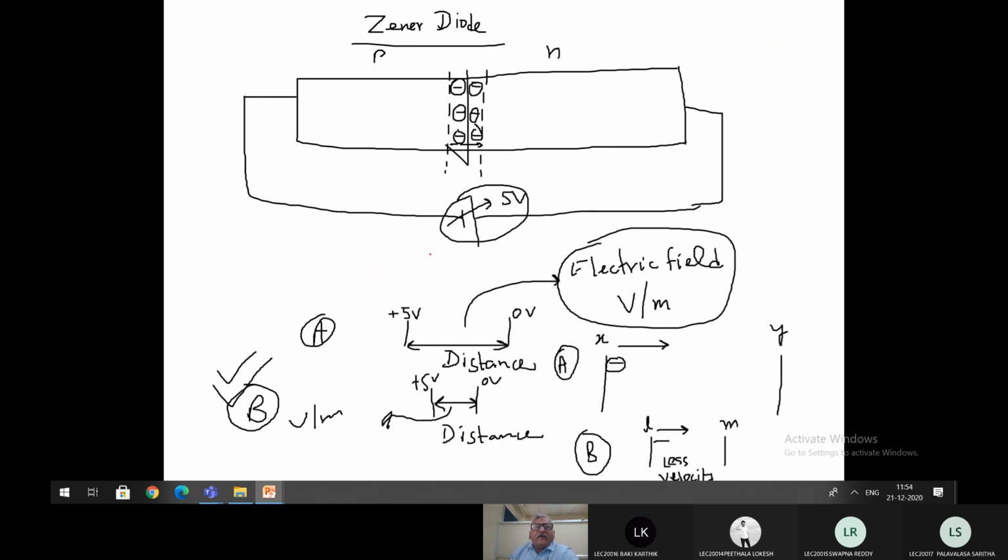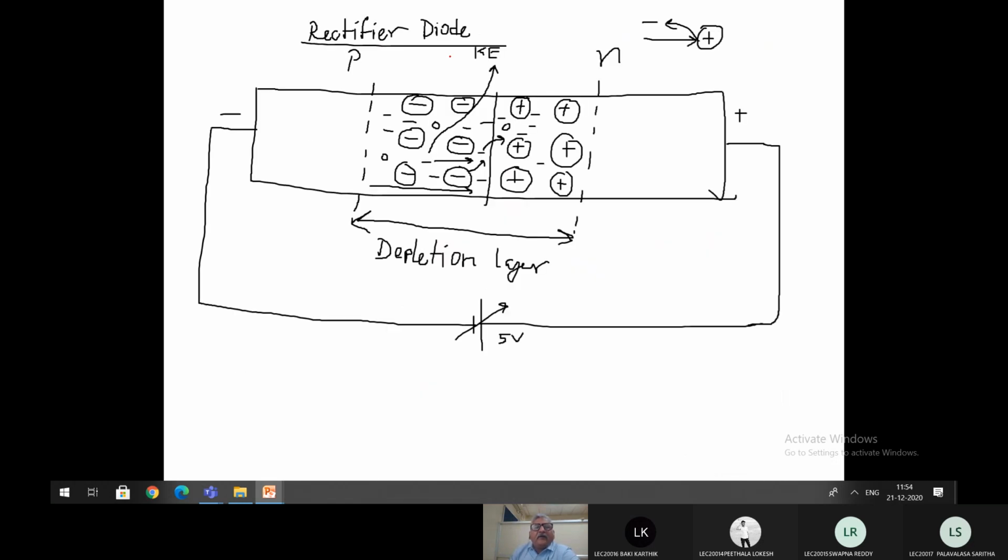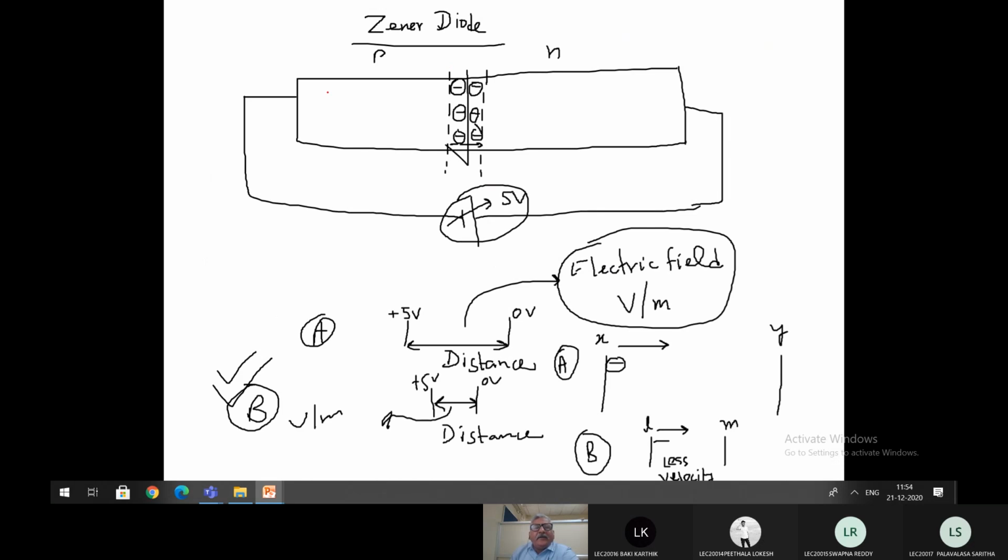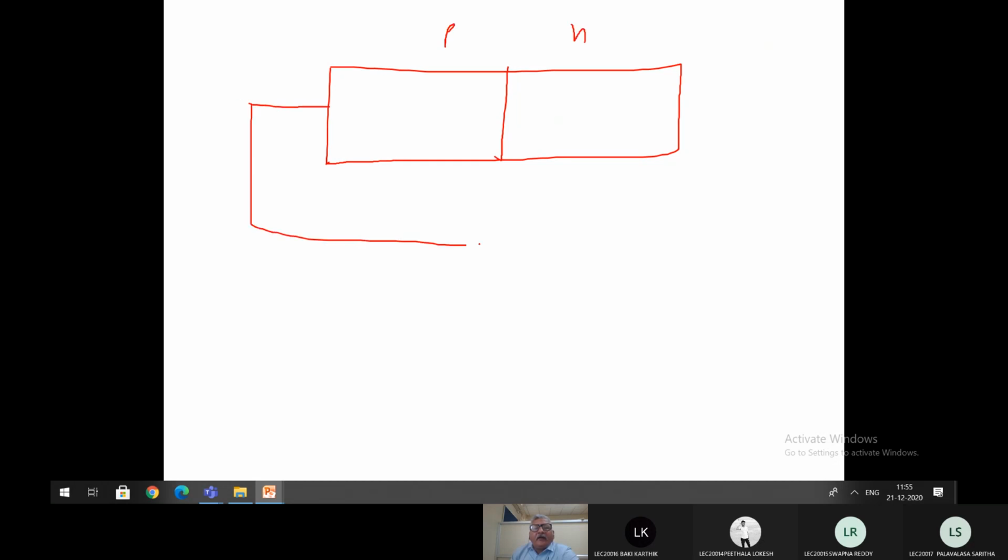Because you see this diode, right? I will draw another figure. This is P, this is N, and this is reverse bias condition, right?